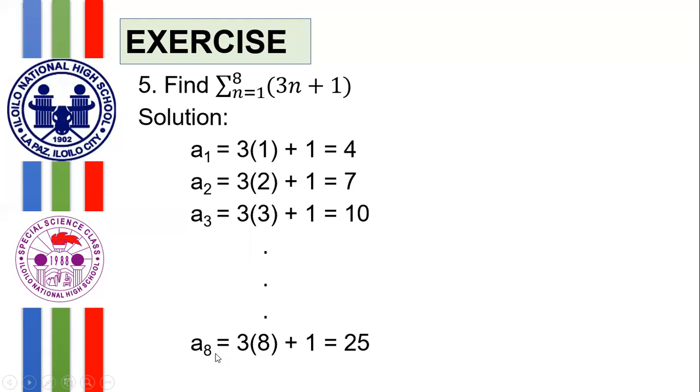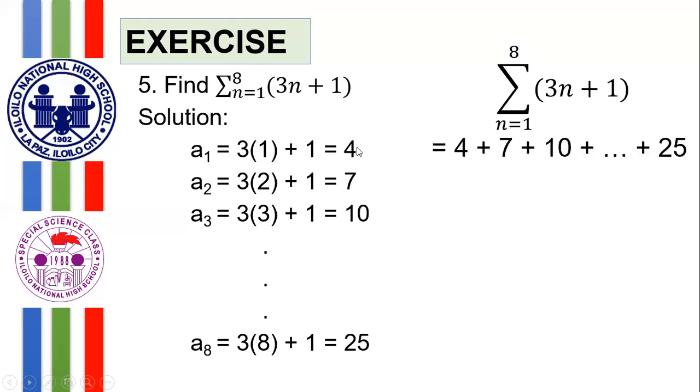Note, this should be your last term, considering that it is the upper limit, the number that you should stop with. And if you have the summation of this one, to evaluate this means 4 plus 7 plus 10 plus all the way until 25.